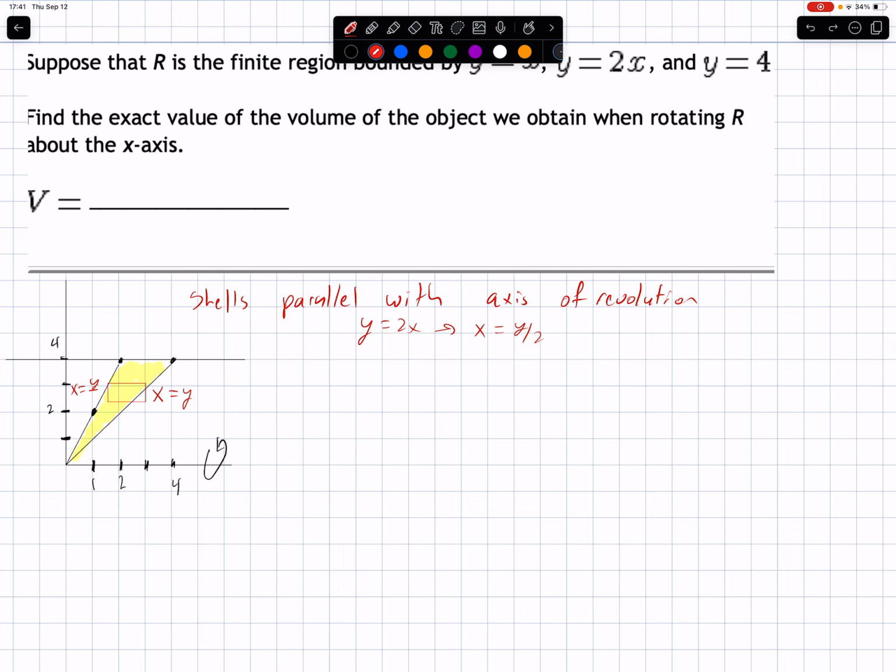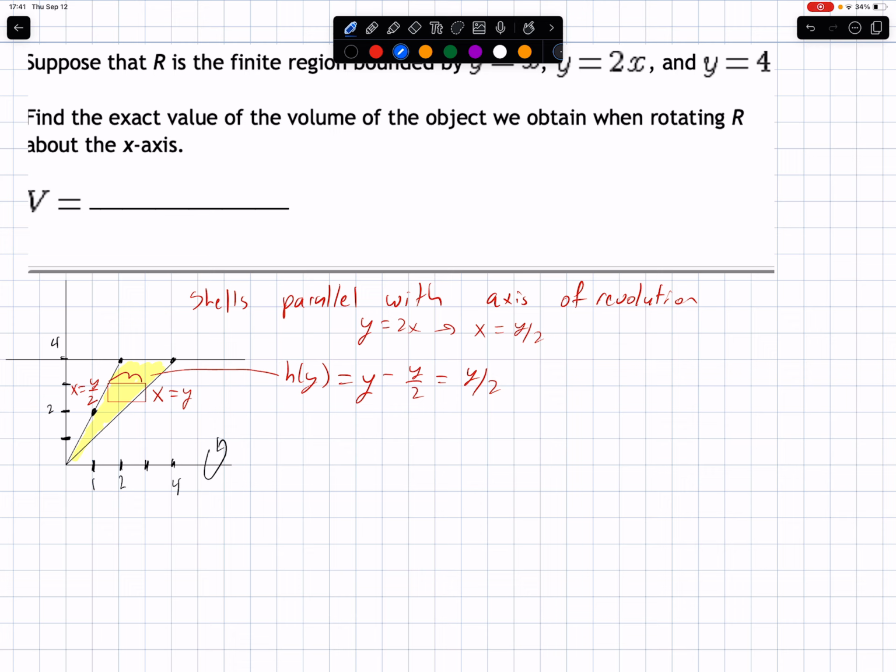And so the height of this rectangle or shell is going to be y minus y over 2. So that's just going to be y over 2. Okay. Now we're not doing anything too crazy.